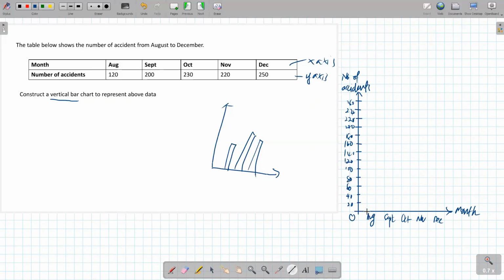So for August, we have 120. So we draw until here. Next, September, 200. And then October, 230, so it's in between 220 and 240.